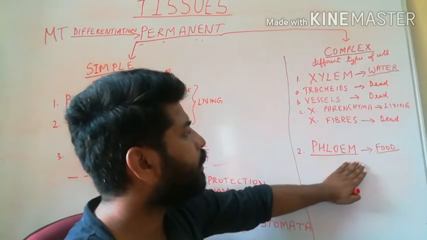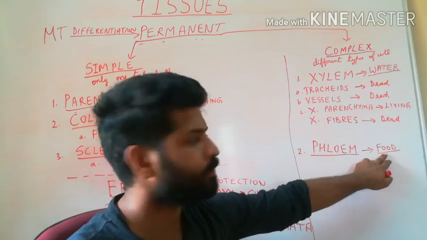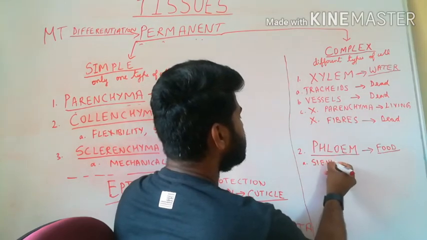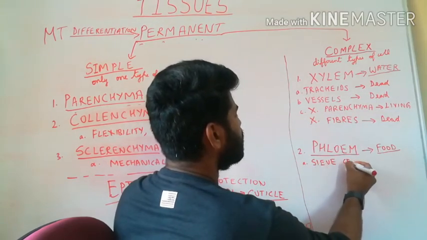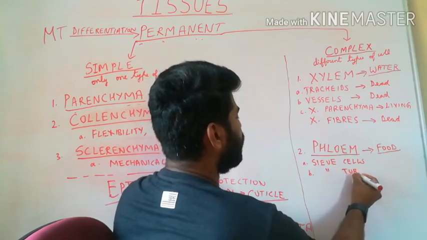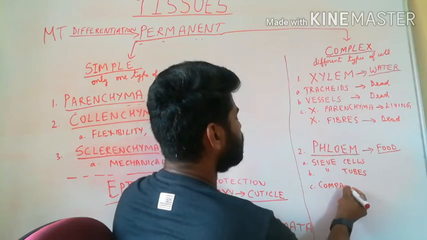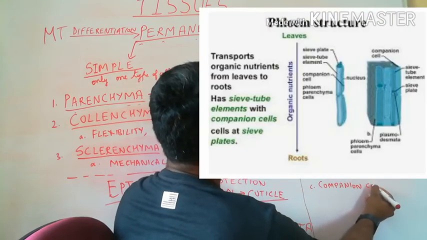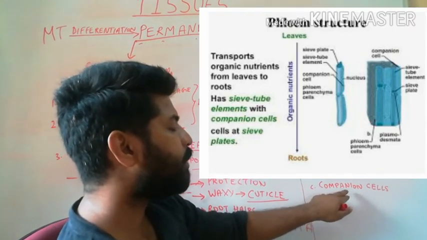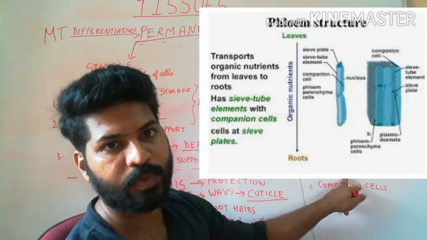So phloem tissue is a food conducting tissue. It is made up of 5 types of cells, namely sieve cells and sieve tubes, companion cells, as the name suggests, companion. These cells are present together with the sieve cells and sieve tubes.